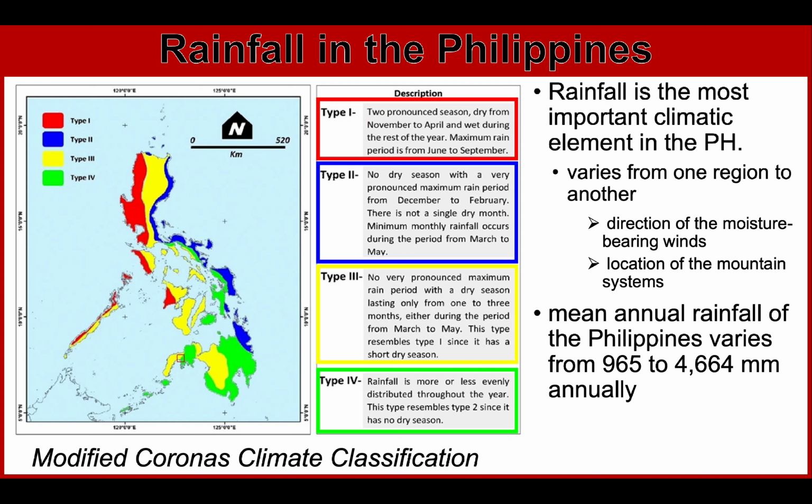So Baguio City, Eastern Samar, and Eastern Surigao receive the greatest amount of rainfall, while the southern portion of Cotabato receives the least amount of rain. So at General Santos City in Cotabato, the average annual rainfall is only 978 millimeters.